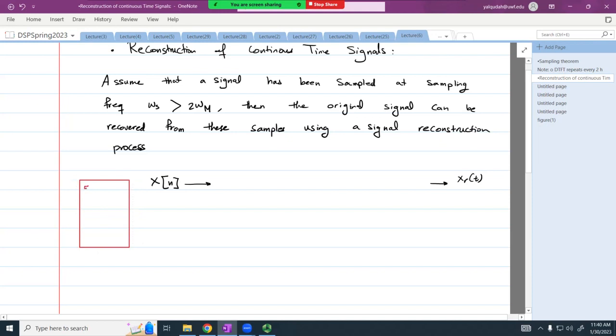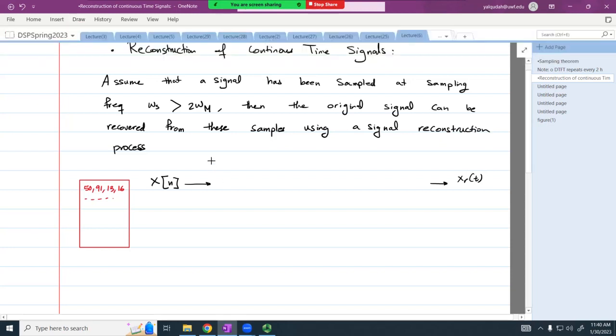So this file has the samples 50, 91, 13, 16, etc. How do I take these samples that I have, x of n, and generate back my audio signal xr of t? Go ahead. Inverse.